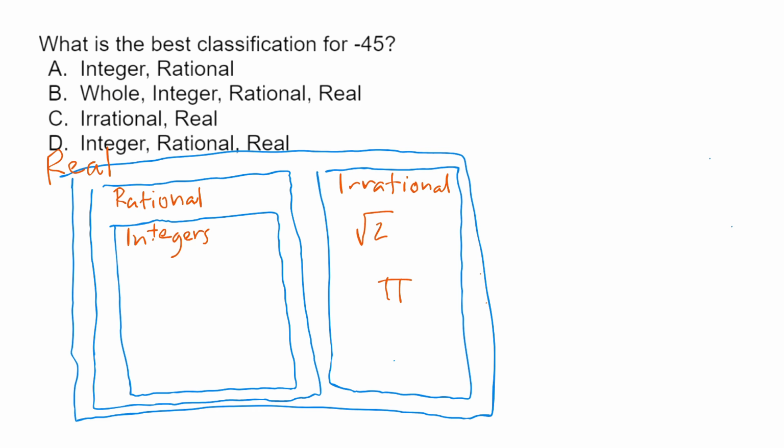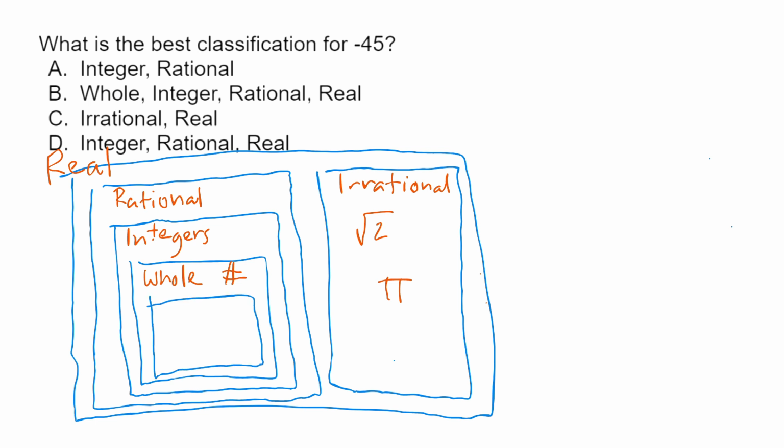And then inside integers we have whole numbers. And inside whole numbers, we have what we call natural numbers or counting numbers.